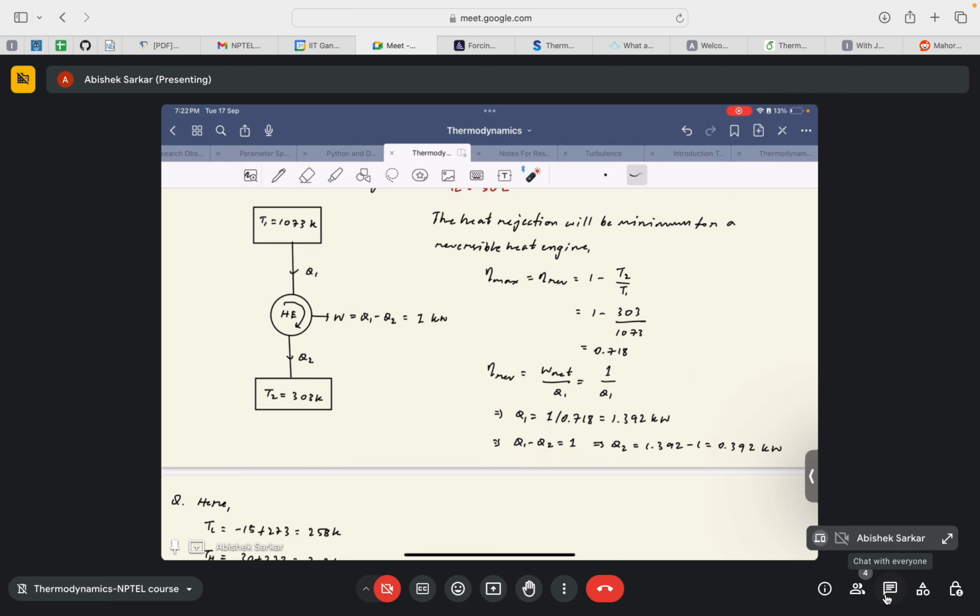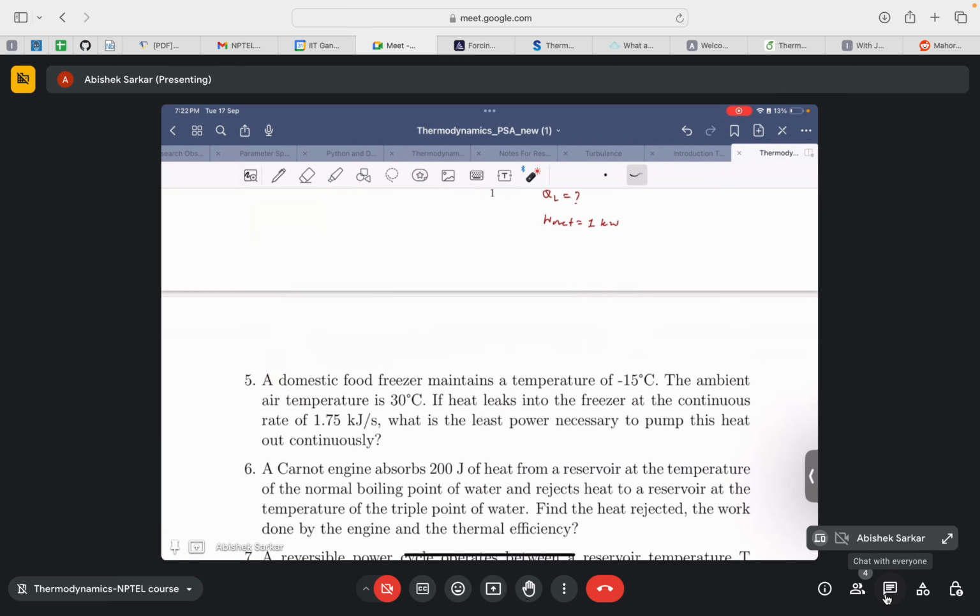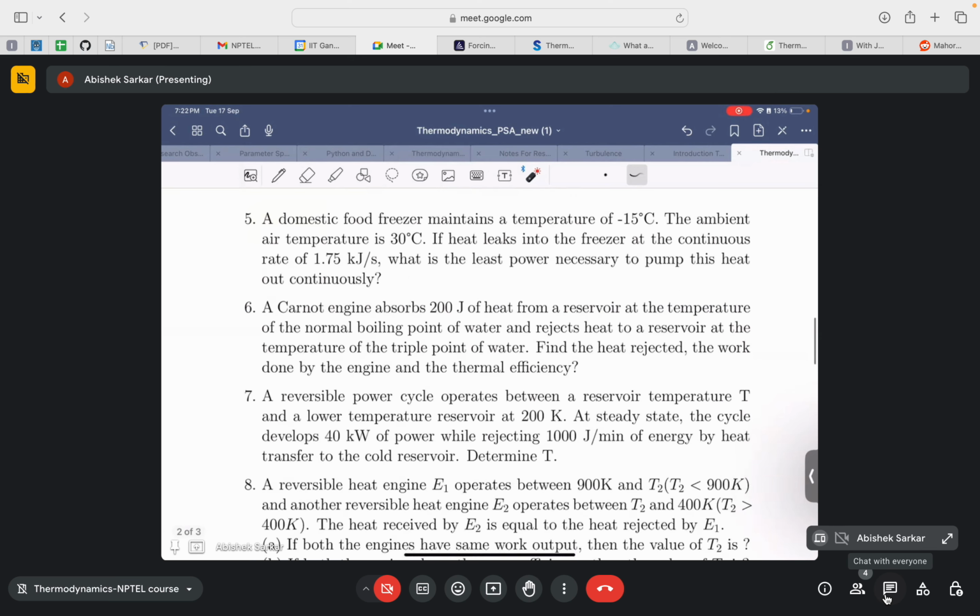Okay, so let's go to the next question. Question number 5. A domestic freezer, these are key terms. Freezer maintains a temperature of minus 15 degrees Celsius. So from here you got TL. The ambient temperature is at 30 degrees Celsius, it is TH.